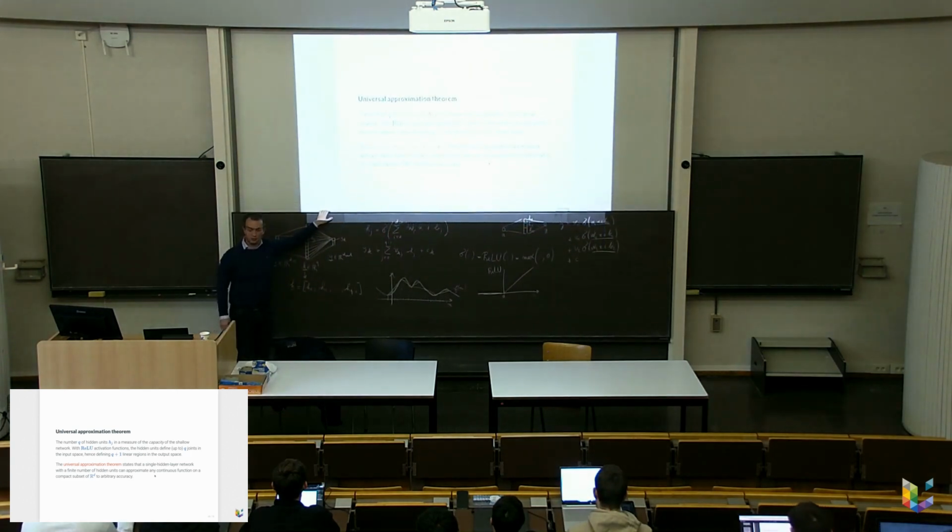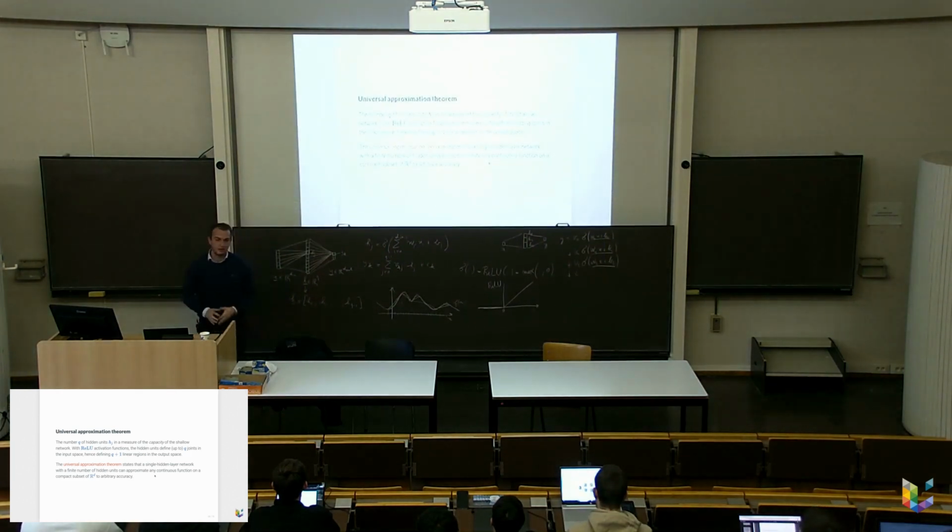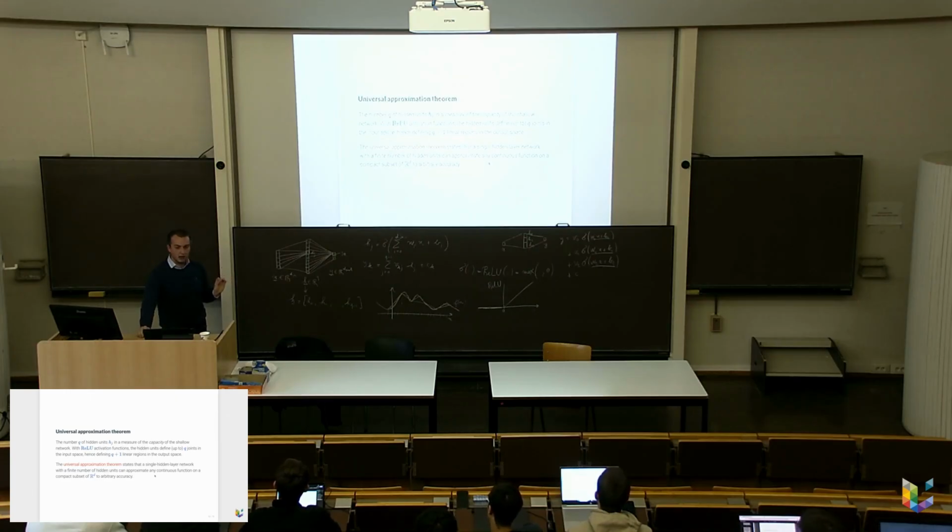Okay, and this is why it has been so frustrating for the research community, because this theorem proves the existence of this arbitrarily good neural network. But the theorem does not say how we should find them. It just says that they exist.